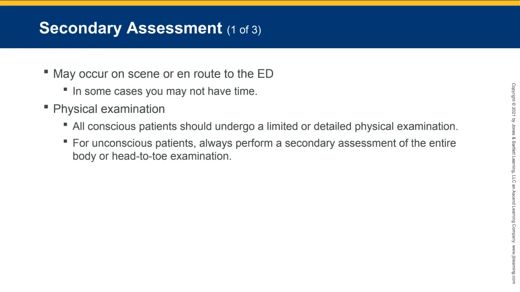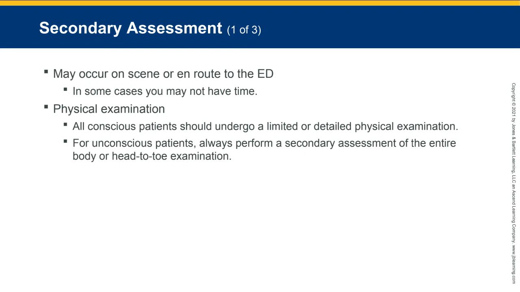Now, after you have completed your history taking phase, the next phase is a secondary assessment. May occur on scene or en route to the ED. And your secondary assessment can take the place of your rapid scan in your primary. Don't let me confuse you now.